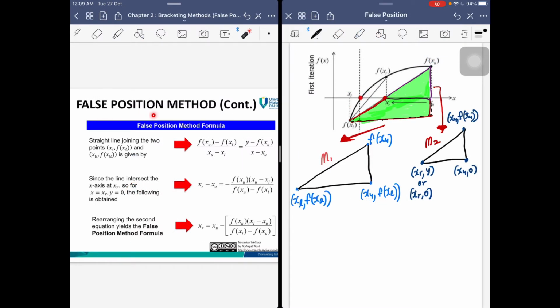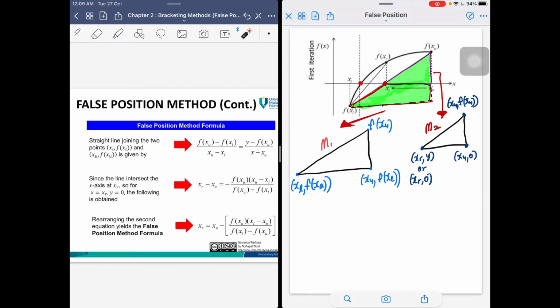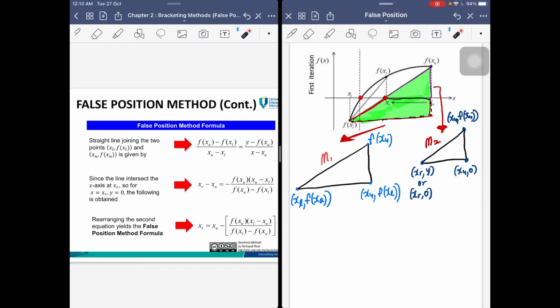Now let's look at how we obtain the formula for the false position method. From the previous slide, look at this first iteration.